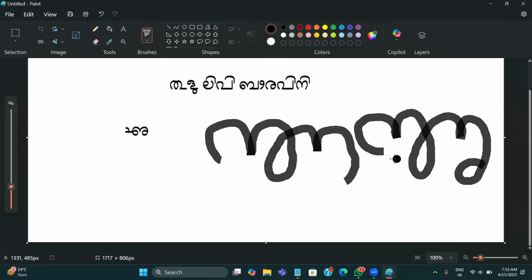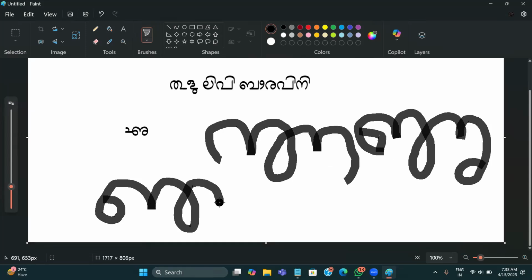This round will come. Sometimes this round will be there here also, like this. This is also A only. A is written in these many ways.